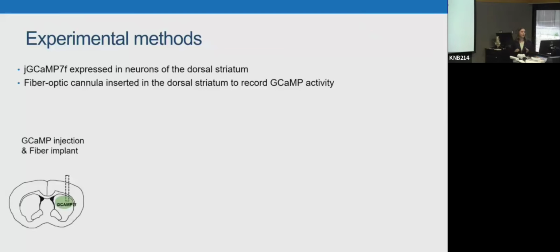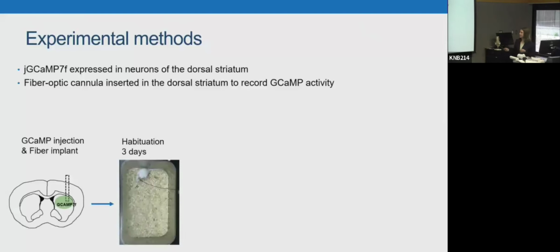And just a flow chart of how this experiment goes. The GCAMP is injected into the brain and expressed in the neurons at the same time as a fiber is implanted. After about 3 weeks, giving time for the mice to recover, as well as time for the GCAMP to be expressed, which can take a few weeks, we habituate the mice so that they get used to being connected to this fiber.